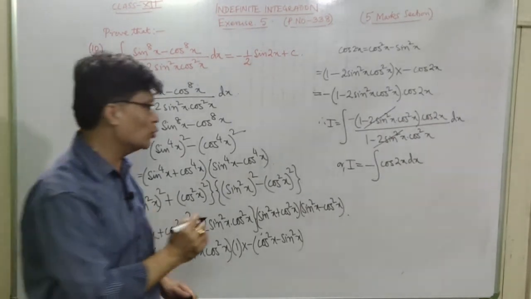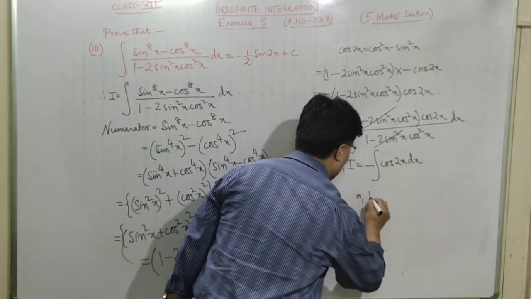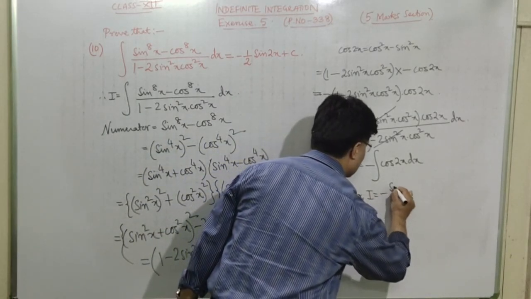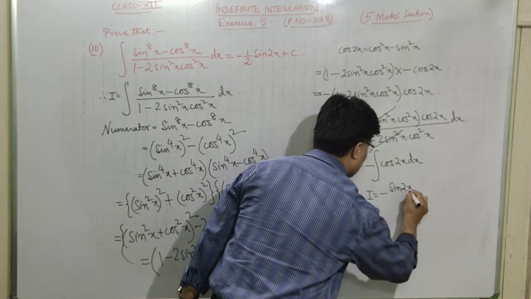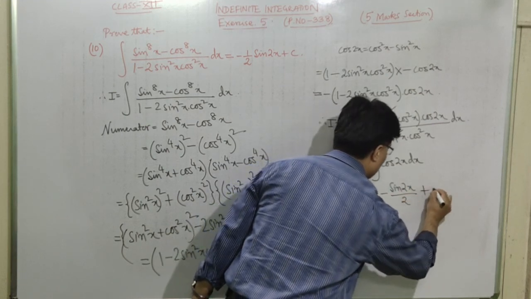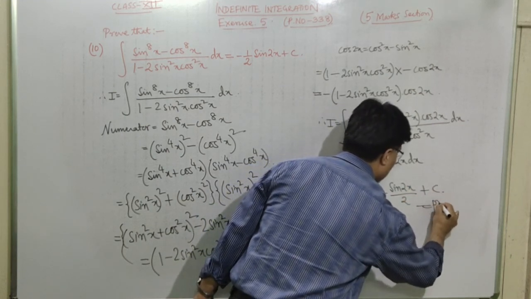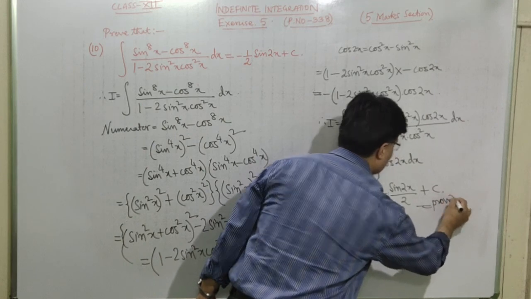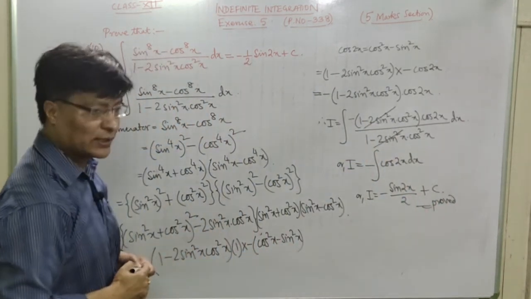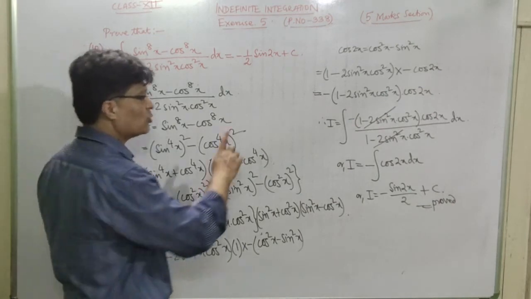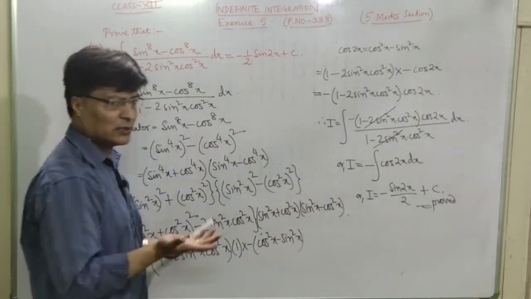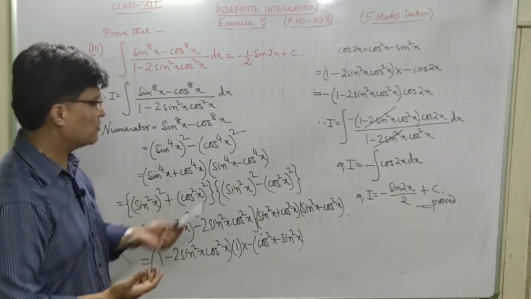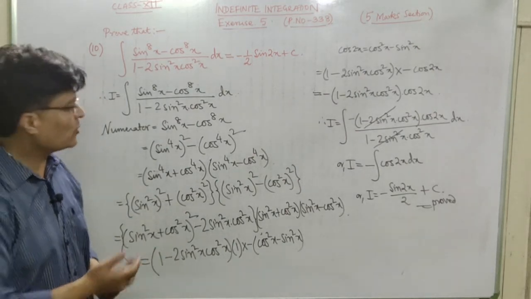Sin 2x by 2. So I is equal to minus sine 2x divided by 2, then you should write plus c. So it is proved. That is minus half sine 2x and minus sine 2x by 2 is same. So we have proved it. Plus c is also there. So I think you have understood it.